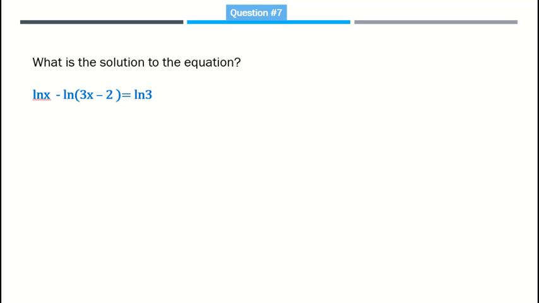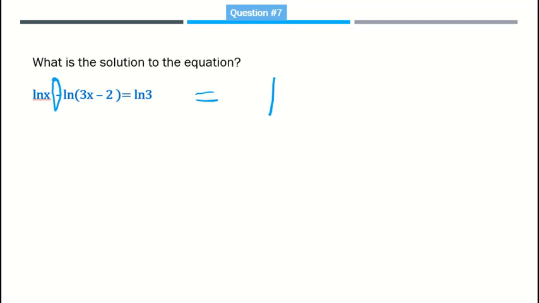So let's set this up according to what we know. We know that when we're subtracting logarithms or natural logarithms, it's actually division.